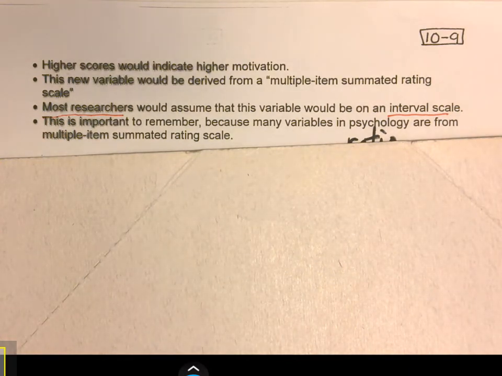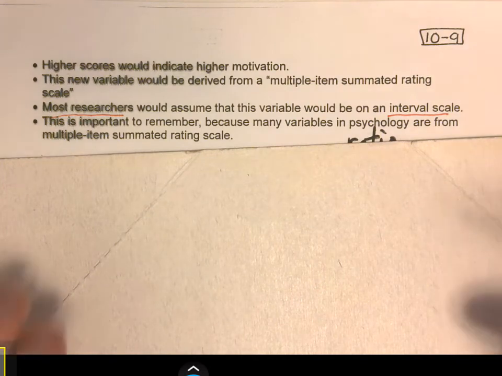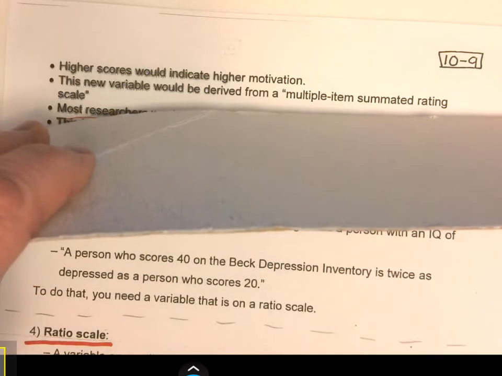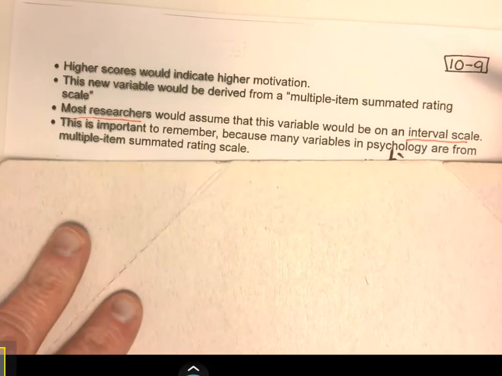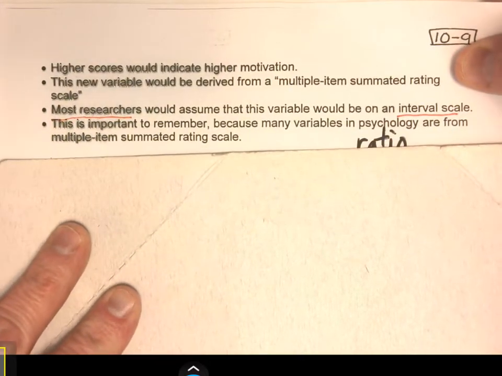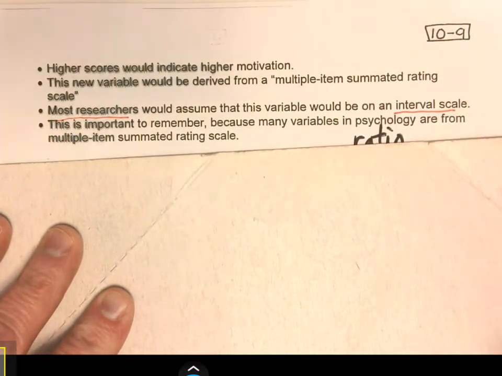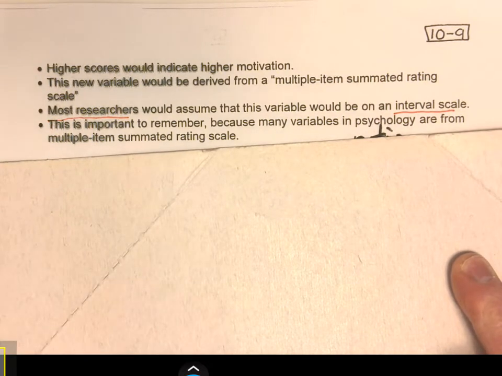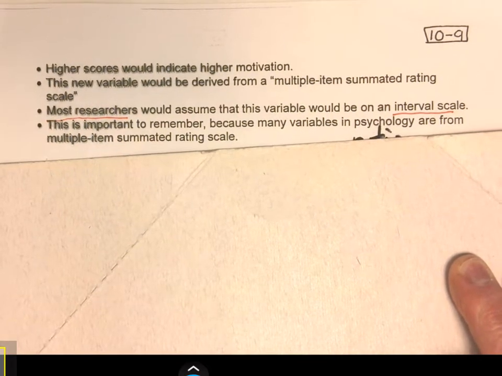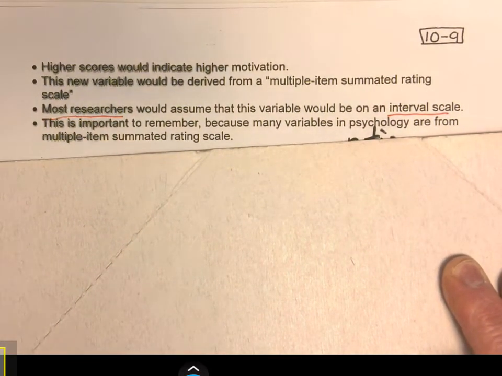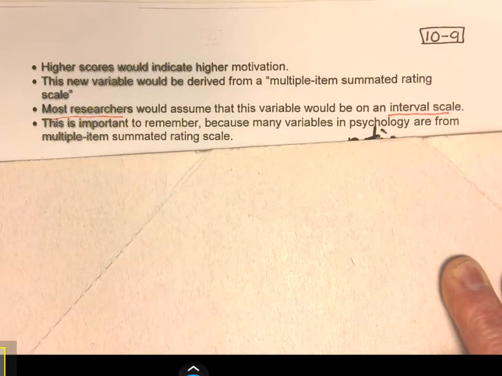This is important because many variables in psychology are measured using multiple item summated rating scales. That is a good way to measure a lot of constructs that we're interested in psychology. Attitudinal variables, personality variables, motivational variables, aspirations, and so forth.